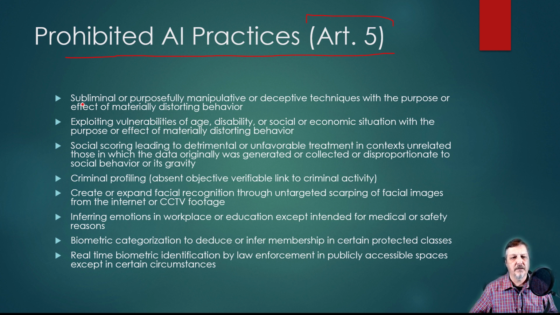But you can see generally certain kinds of deceptive manipulation, exploiting certain characteristics of what we in the U.S. would call a protected class, and social scoring for unfavorable treatment that is disproportionate. We can think of something like China's social credit system, which we'll talk about a little later in the semester. Certain kinds of criminal profiling, not all criminal profiling.